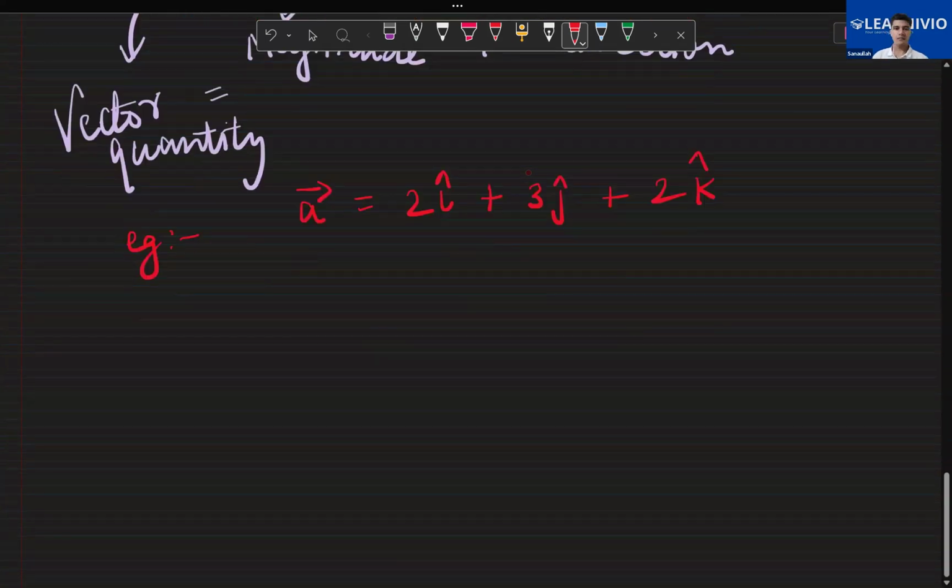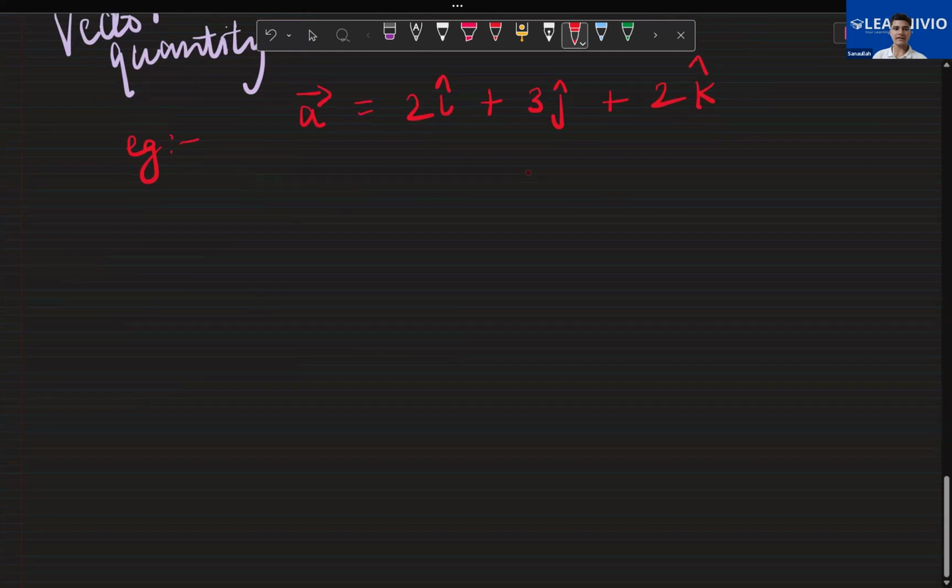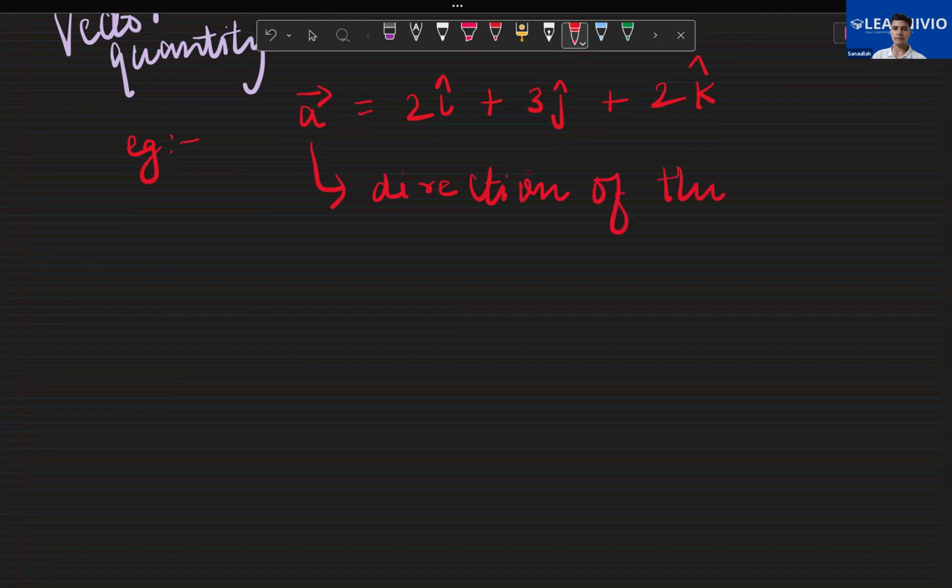If I ask you to tell me the direction of this vector, what is the direction of this vector? We already know how to calculate the magnitude of any vector.